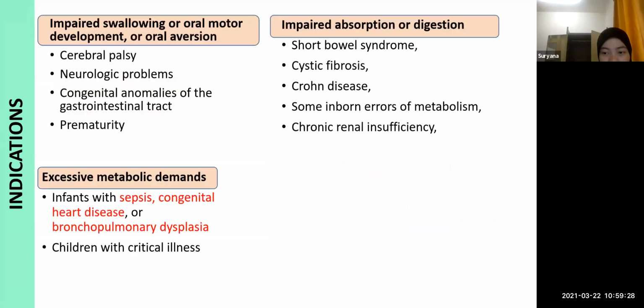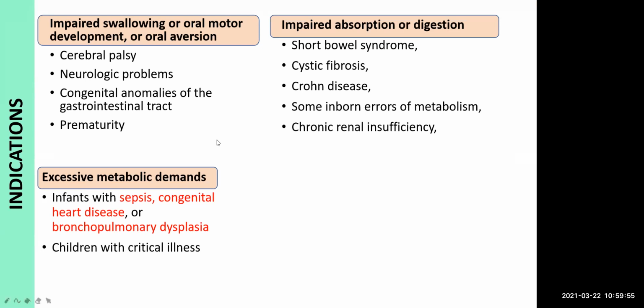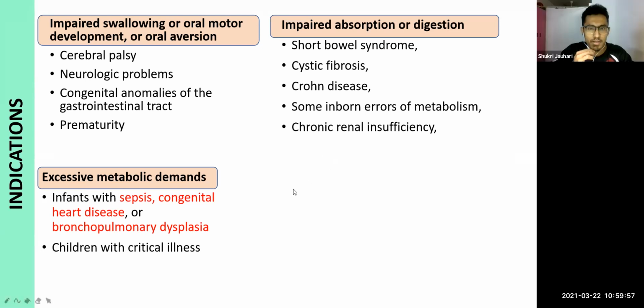Okay, so what are the indications of orogastric or nasogastric tube? Basically, it can be divided into three. The first one is if there is any impaired swallowing or oral motor development or oral aversion, such as patients with cerebral palsy, neurologic problems, congenital anomalies of the GI tract, and also if the patient is premature. The second indication is if the patient has any impaired absorption or digestion, such as in patients with short bowel syndrome, cystic fibrosis, Crohn's disease, some inborn errors of metabolism, and also if the patient has chronic renal insufficiency.